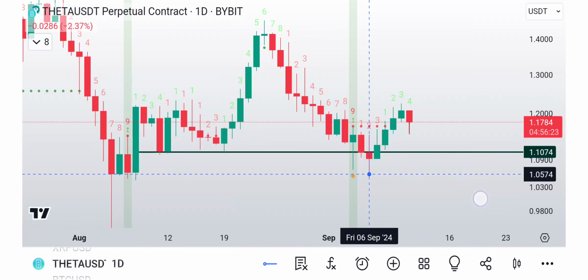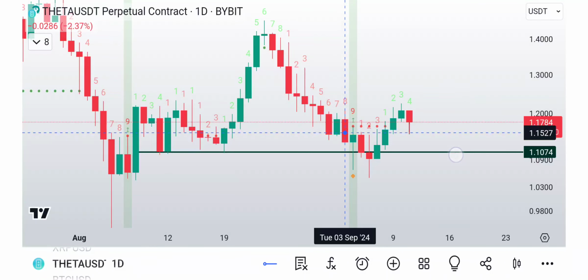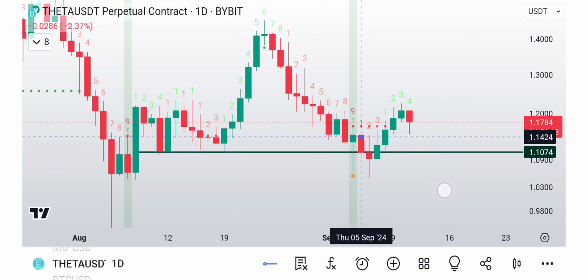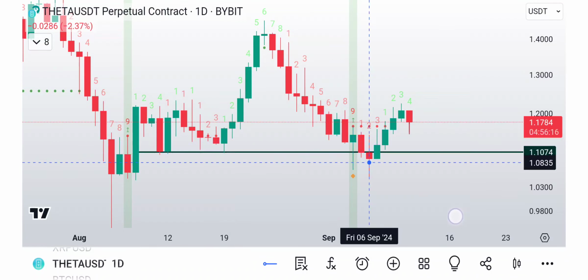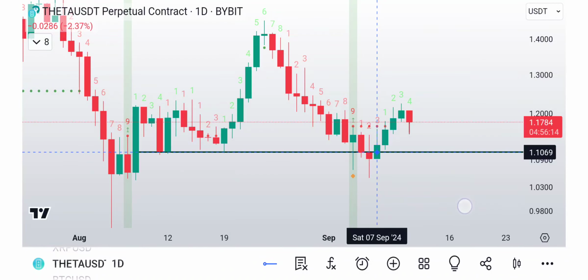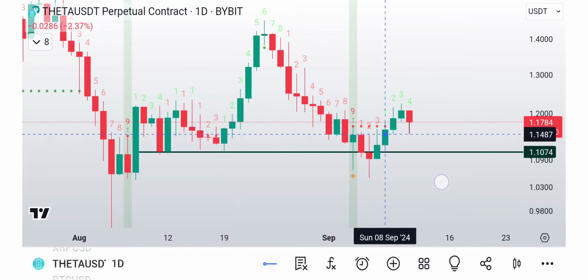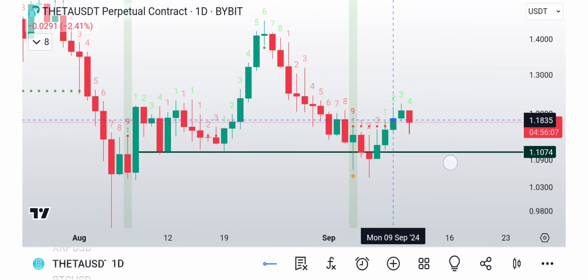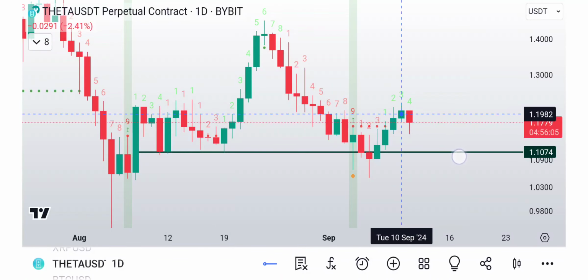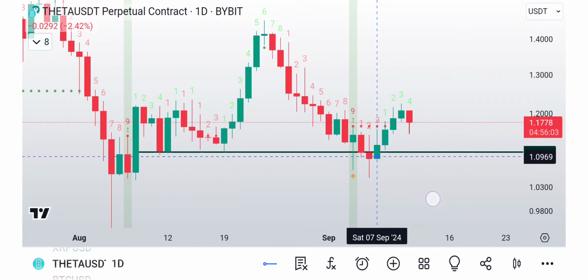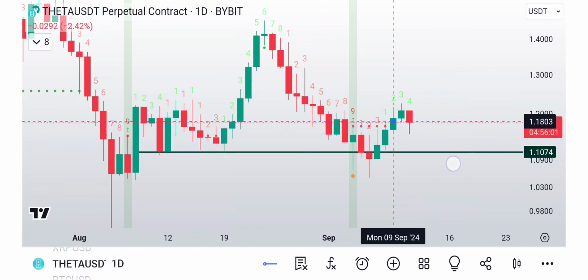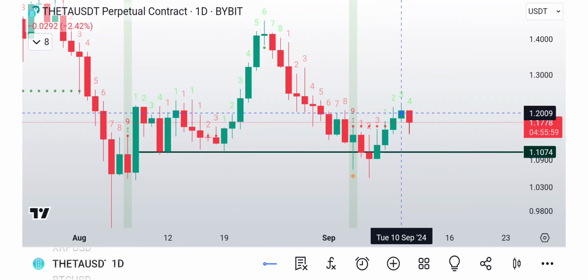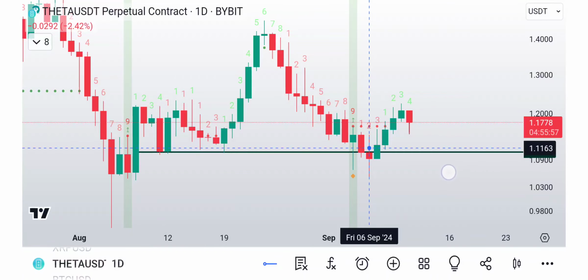Yes, we did come back down and make a slightly lower low, but that's why you DCA. Buy a little bit here, it came down, buy a little bit more, and just let it ride and see what happens. You can see we broke above these red dots, and we had 1, 2, 3, 4, 5 days of bullishness. You could say, well, no, that's only 4 because this candle's red.